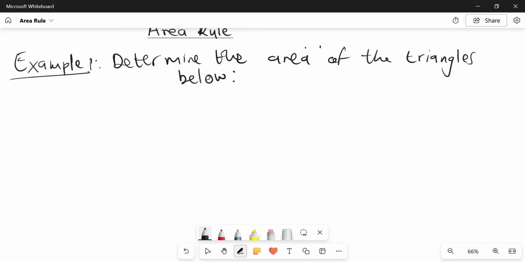And then they give you triangle number 1, where the sides are 6, 8, and the angle A.